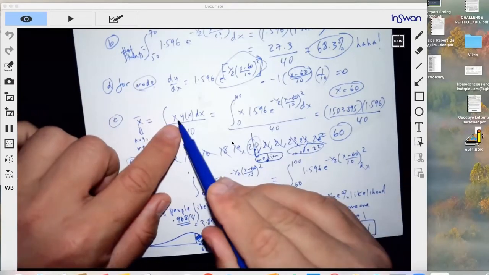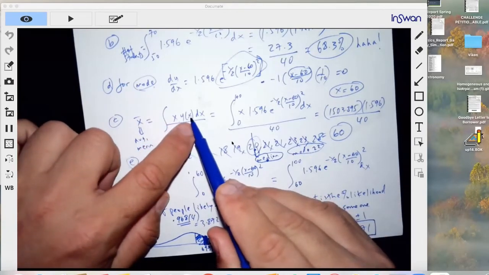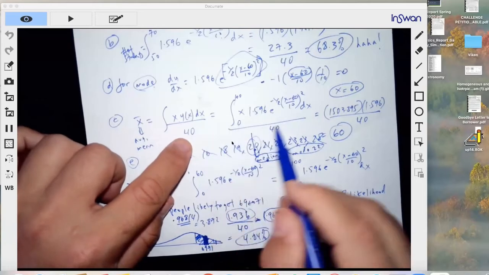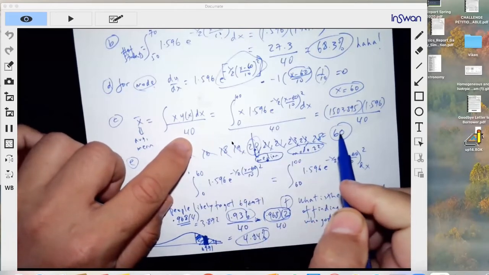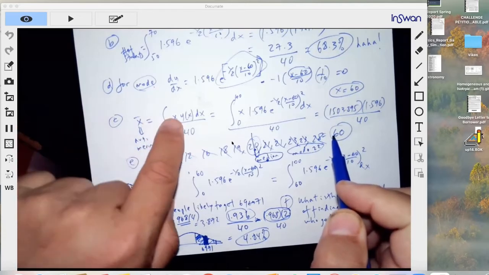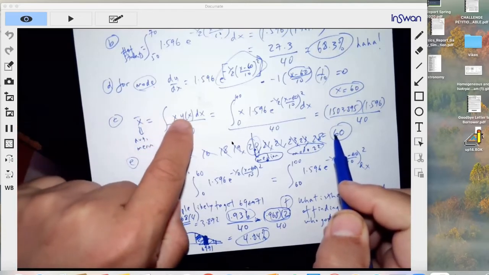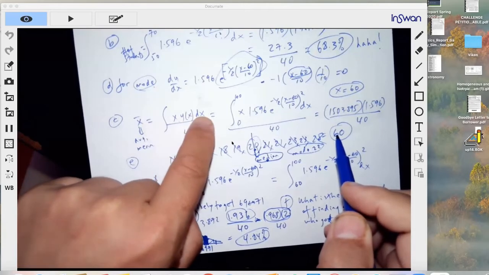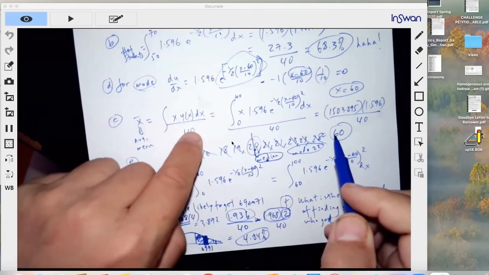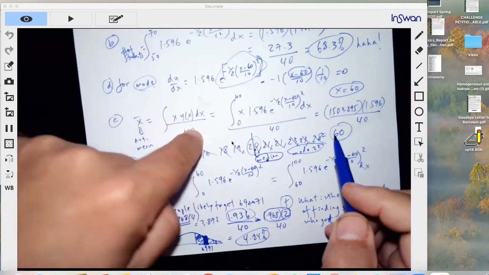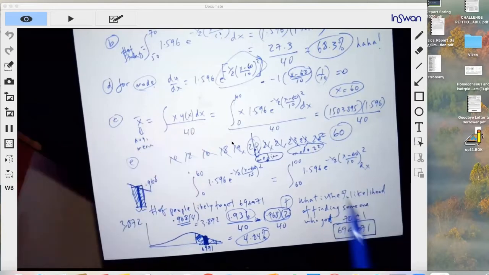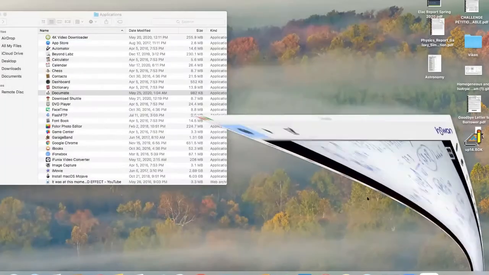I did x, y of x over 40. And then the average ended up to be the exact same as the mode. So for my case, what would I integrate? X times my function over 40,000, you see? So I would have to integrate, let's go to my function now.